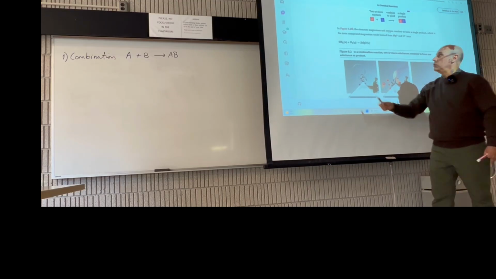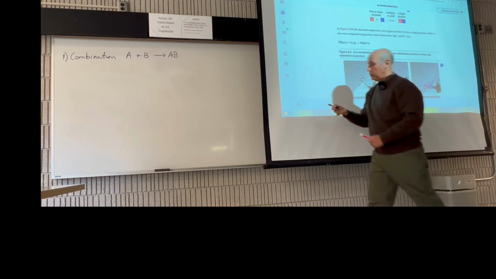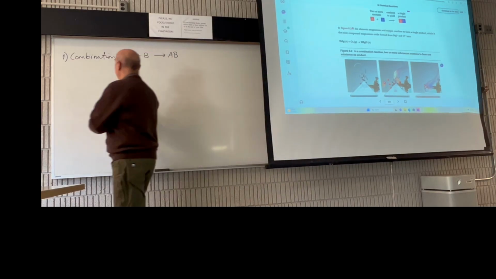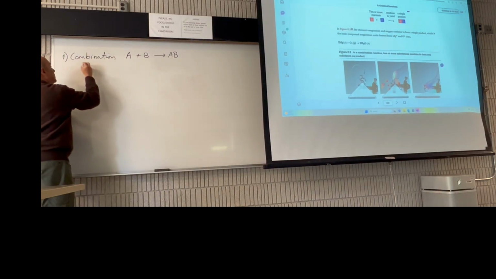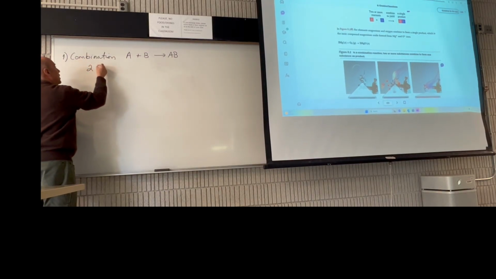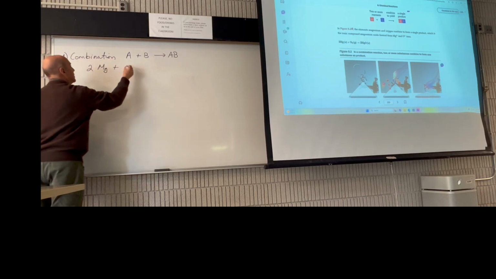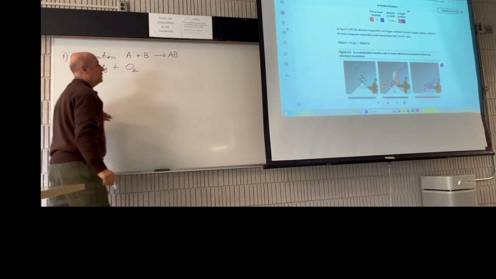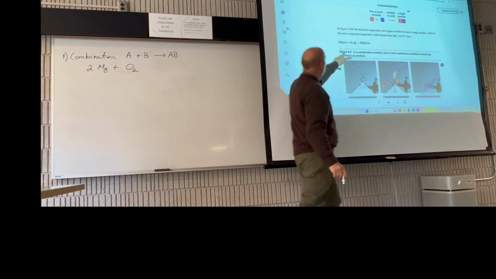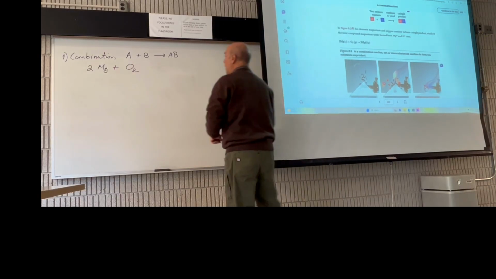It just tells you that two of these particles, so if I were to repeat that chemical reaction, 2Mg combines with 1 O2 to produce 2MgO.